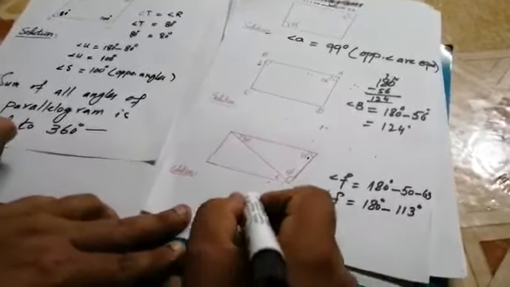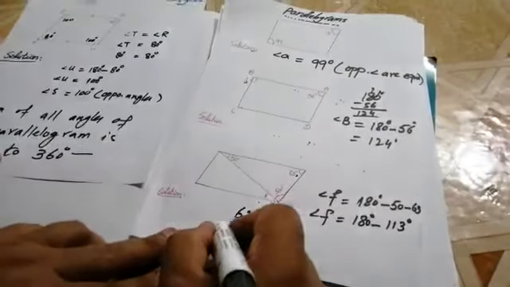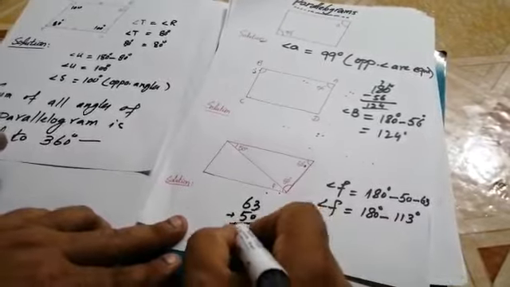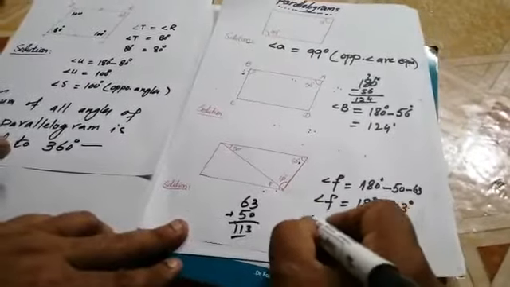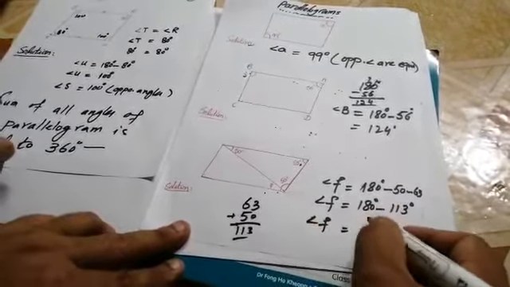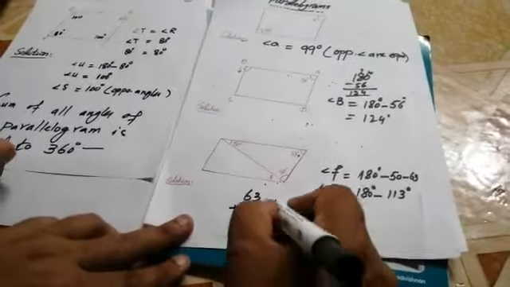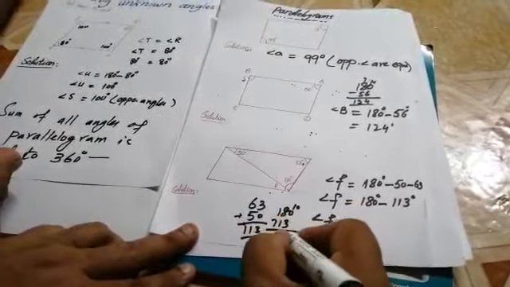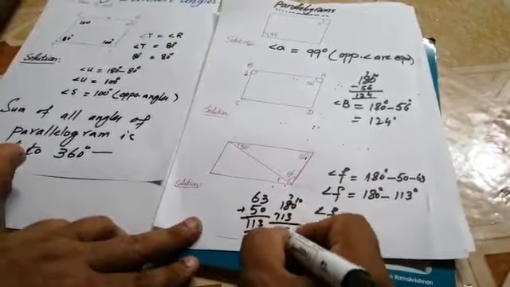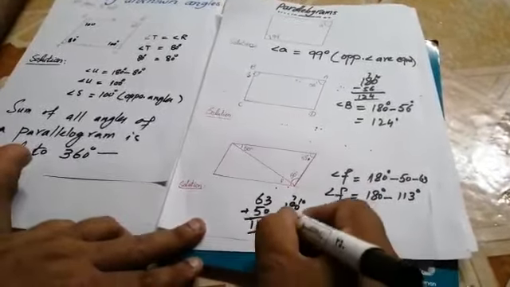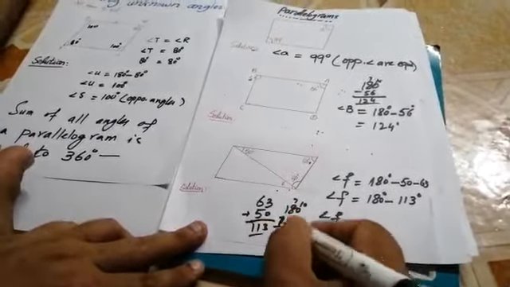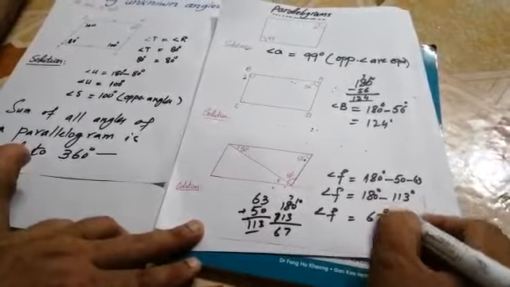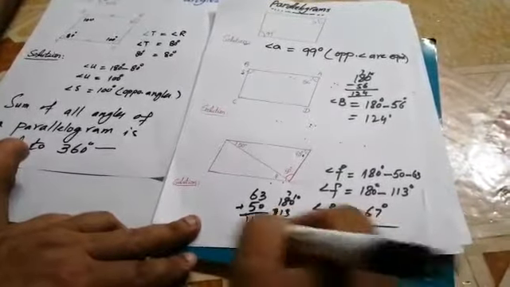Let's check: 63 plus 50, 3, 5 and 6, 11, yes, 113. Now angle F will be equal to 180 minus 113. 10 minus 3 is 7, 7 minus 1 is 6, and 1 minus 1 is 0, so 67 degrees will be the answer.